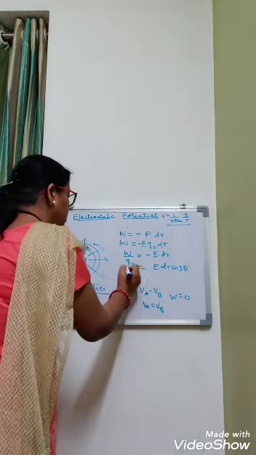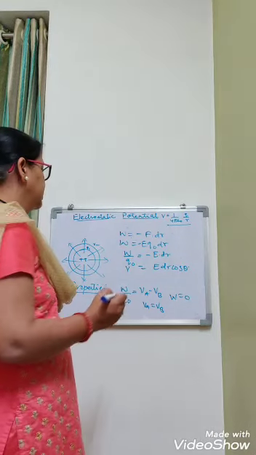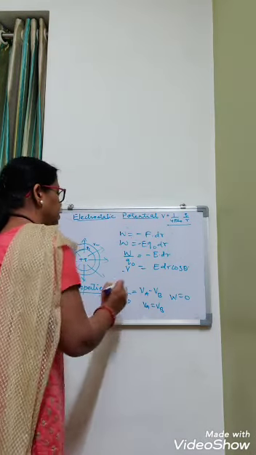So W upon Q naught is the potential difference V.